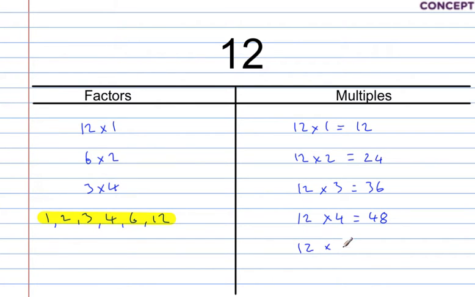And 12 times 5 is 60. So the first 5 multiples of 12 are 12, 24, 36, 48, and 60. Now obviously again there's a lot more multiples of 12, an infinite amount actually, but I've only asked for the first 5.